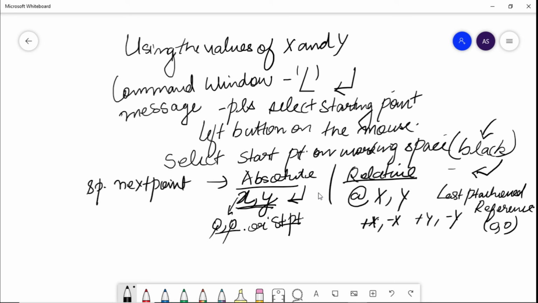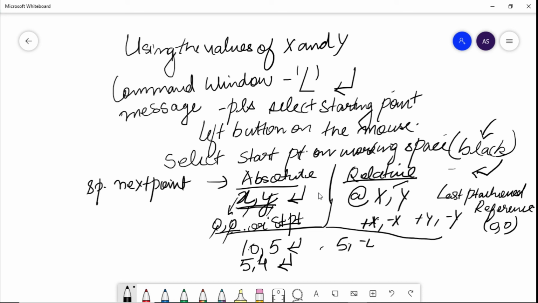This is how the commands work differently in the absolute as well as the relative coordinate system, by entering the values for x and y in numeric digits, like 10, 5, press enter, 5, 4, press enter, and over here 5, -4, press enter, -4, 5, press enter, 0, 5, press enter.